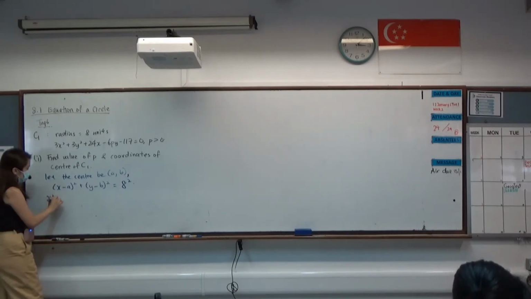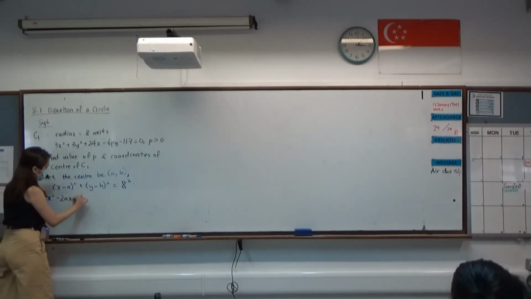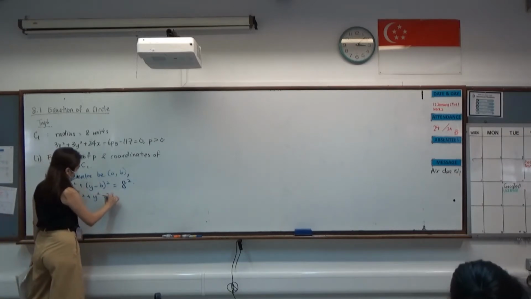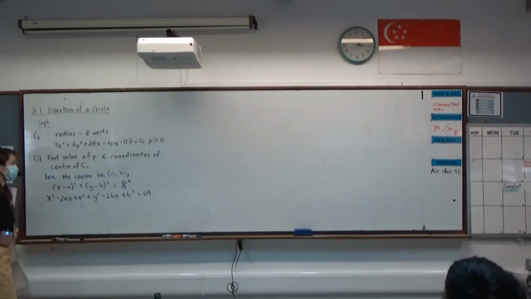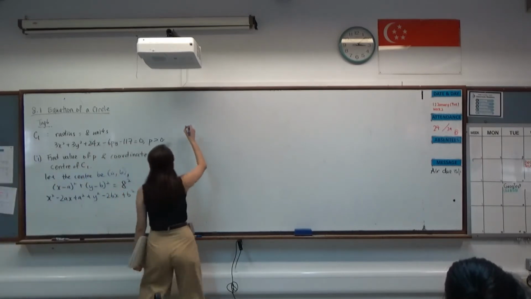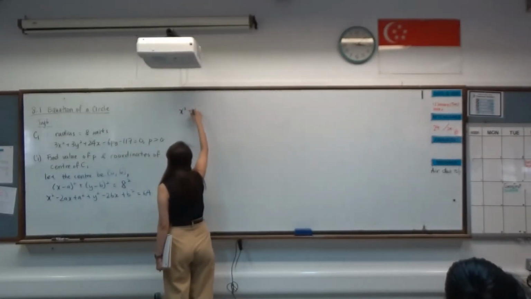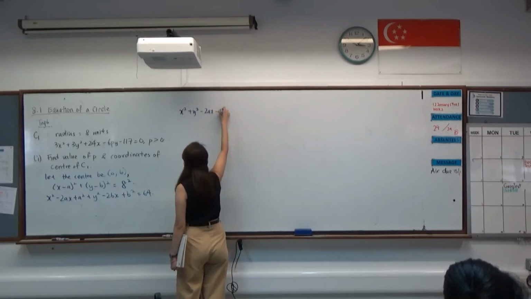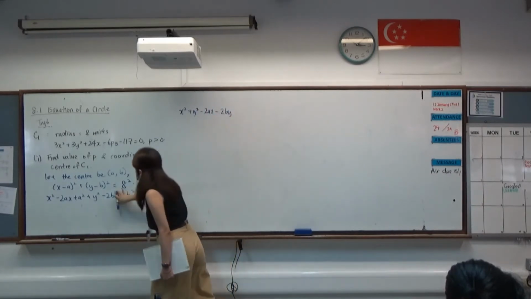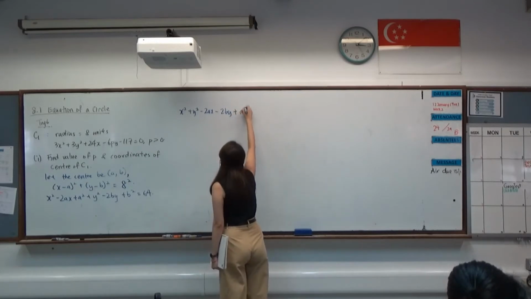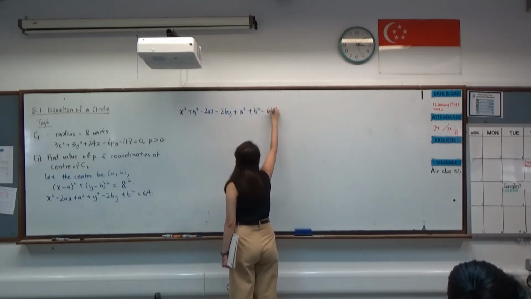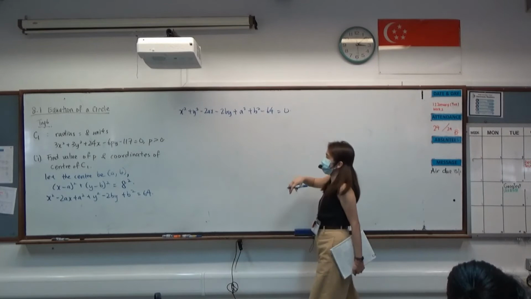So we expand it. And 8 squared is 64, so we can simplify that. Then we will rearrange the terms. Sorry, this is a y. And we shift the 64 over to the right hand side.